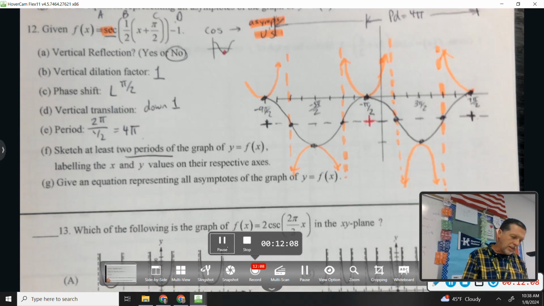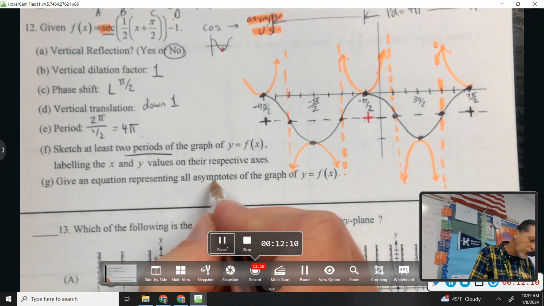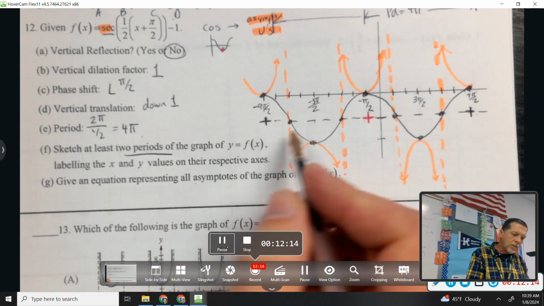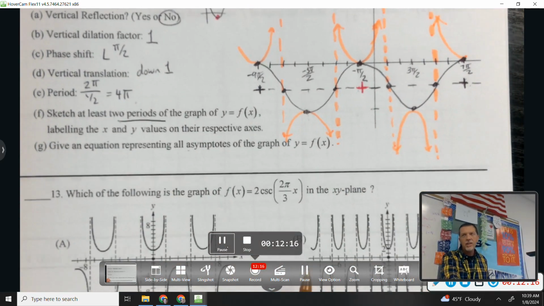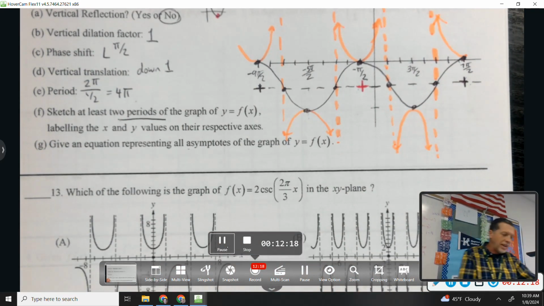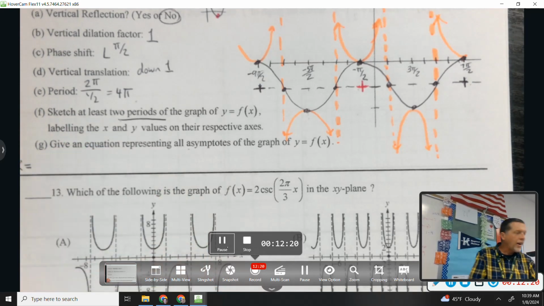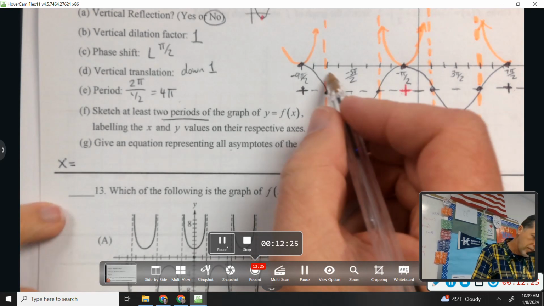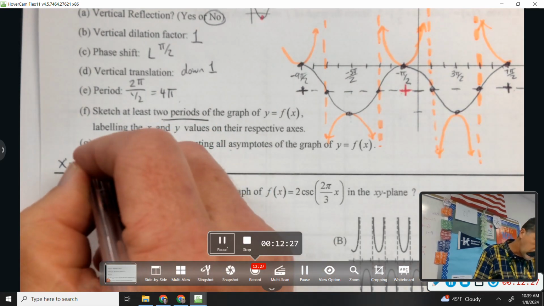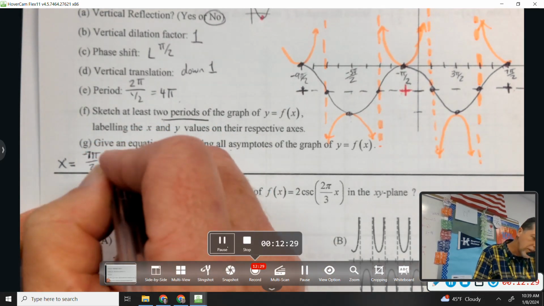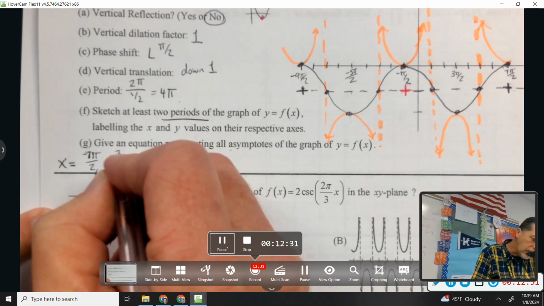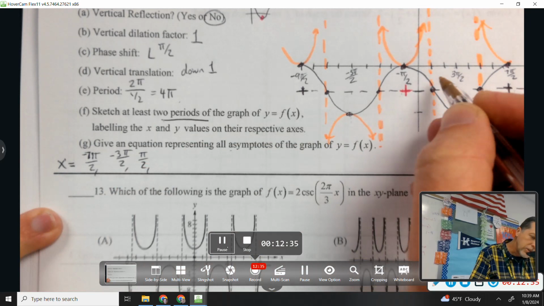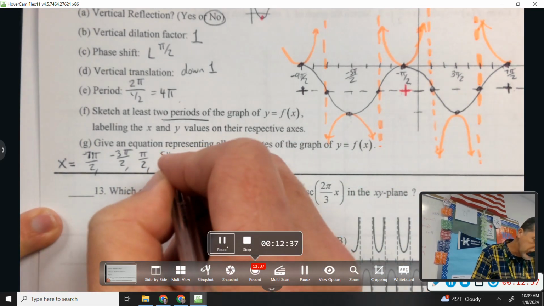Okay, not done yet because we need to give an equation representing all the asymptotes. Since we have the picture there, I think the easiest thing to do would be to just list the asymptotes and then figure out an equation that would cover all of them. So negative 7 pi over 2, negative 3 pi over 2, pi over 2, 5 pi over 2.